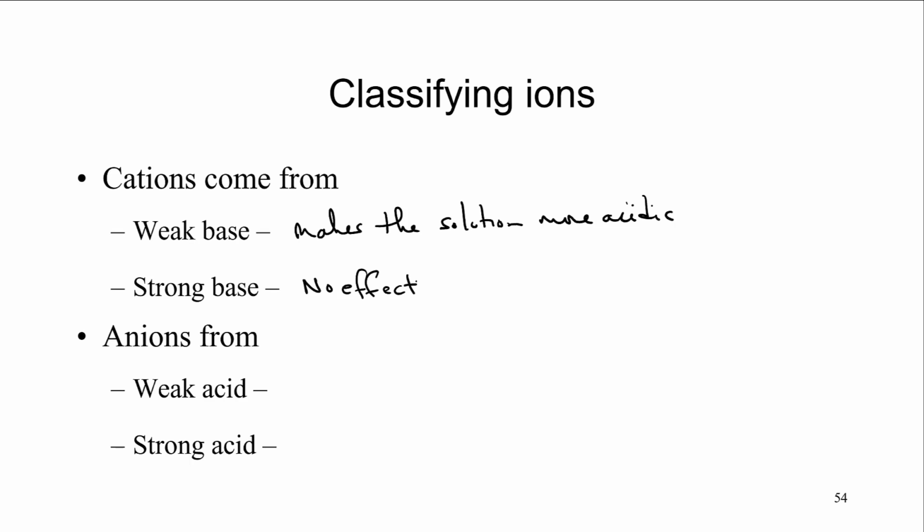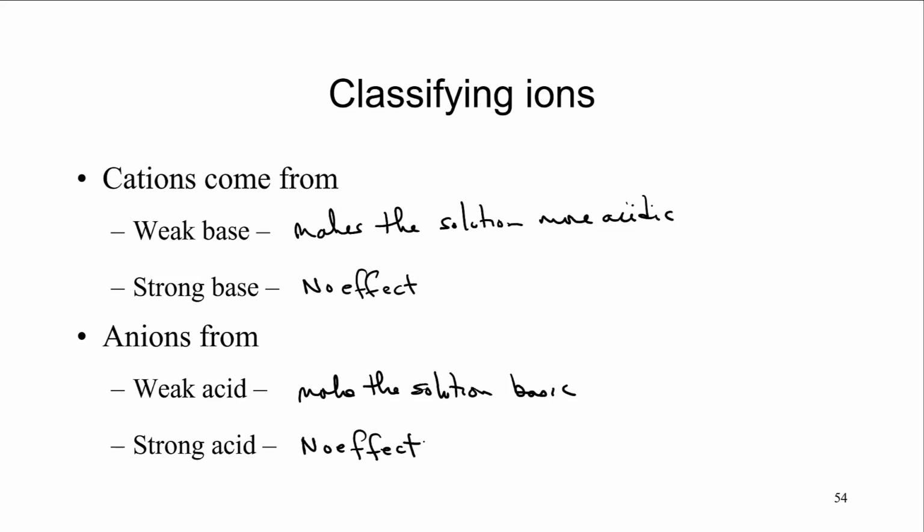Now you have to remember the cation has a positive charge, so if that makes it easier for you, protons have positive charge. If the cation has a positive charge, it can make the solution acidic by hydrolysis. Now, if the anion comes from a weak acid, it can make the solution basic. And if it comes from a strong acid, it has no effect.